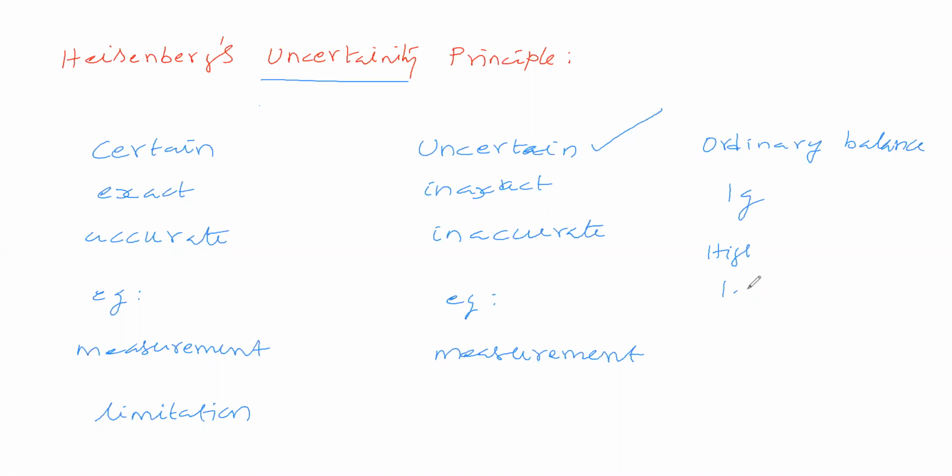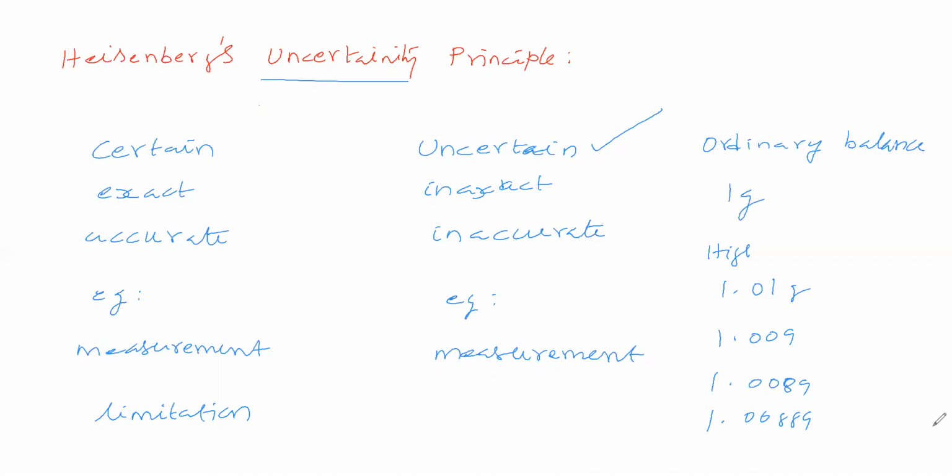Using that, we will get 1.01 gram. With still higher efficiency, we will get 1.009 gram. With still higher efficiency, we will get 1.0089. With still higher efficiency, we will get 1.0889.